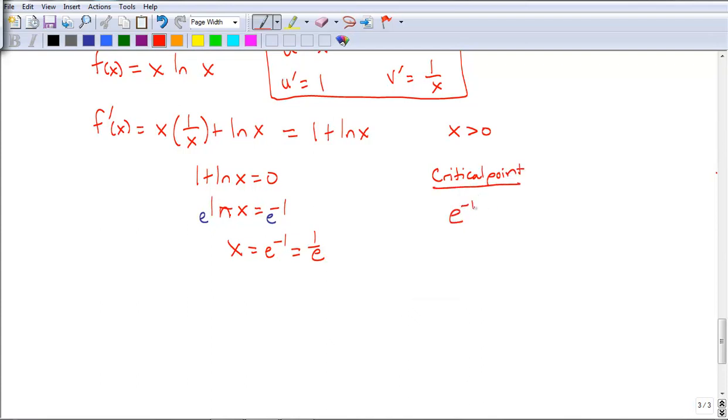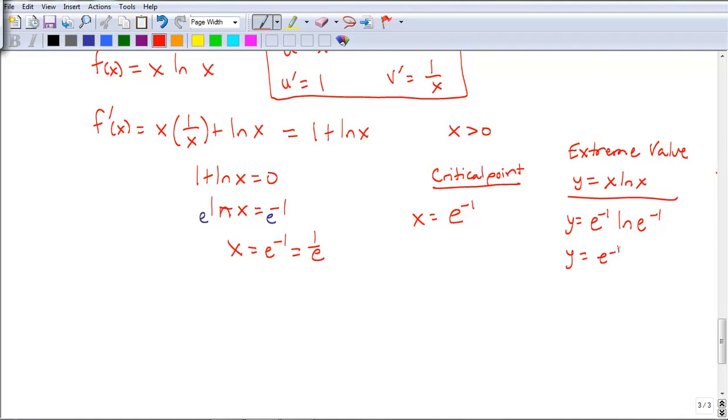The extreme value I get by plugging that into the original function. Remember, the original function is x ln of x. When I plug e to the negative 1 in there for x, I get e to the negative 1 ln e to the negative 1, and I can use some log properties to write this as negative ln of e, and the natural log of e turns out to be the number 1.